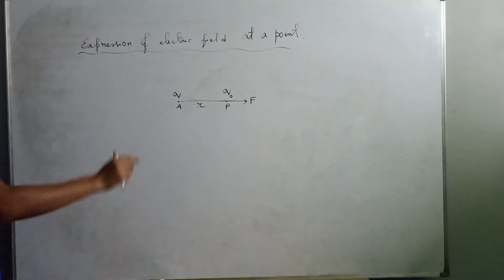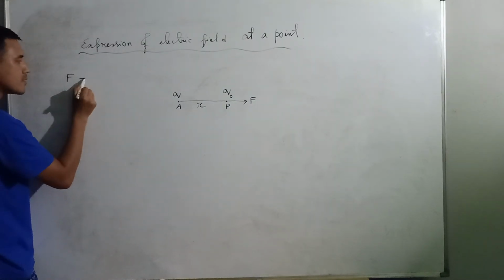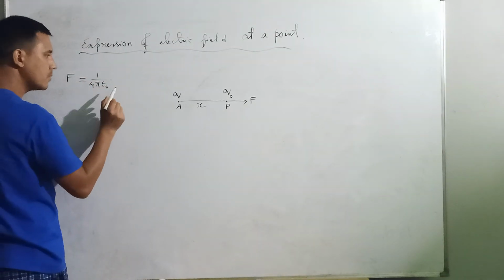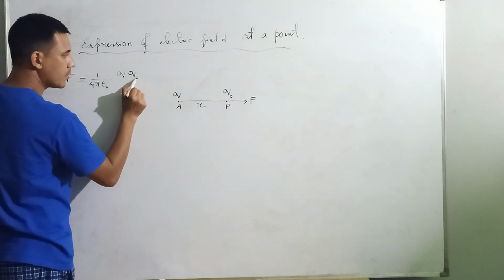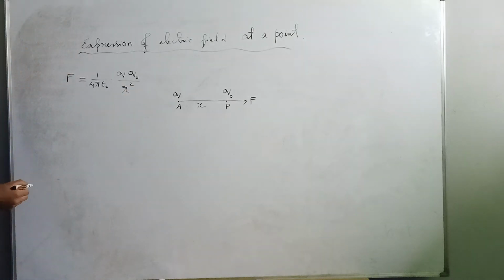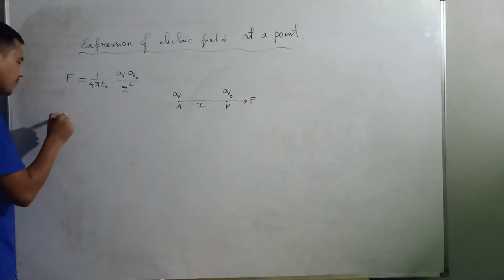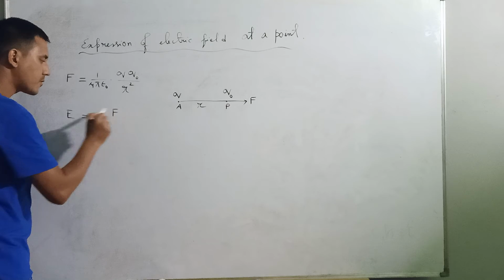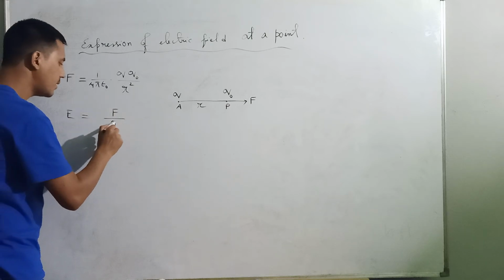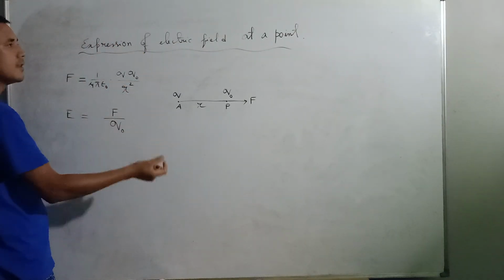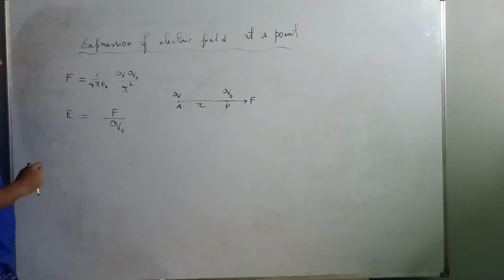According to Coulomb, the force of repulsion between the two charges will be given by 1 by 4 pi epsilon naught into Q Q naught, product of the charges, upon square of the distance between them. Is it okay? Now, from the definition, electric field is defined as force experienced per unit charge, right? How much force is experienced by the unit charge when placed in the region of electric field. It is your electric field, right?